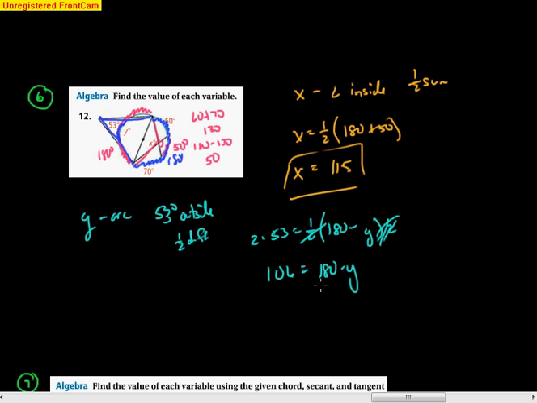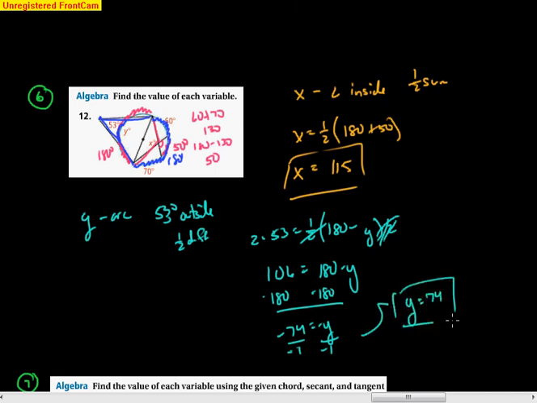And now let's solve for y by subtracting 180 and dividing by -1. And y is 74. Okay, so be careful here with these angles inside and angles outside of the circle.